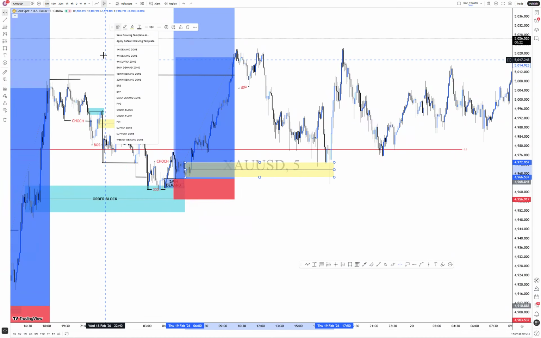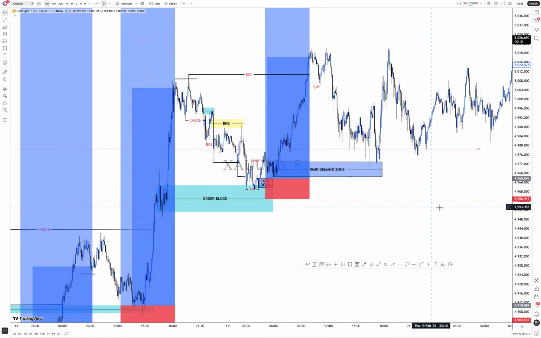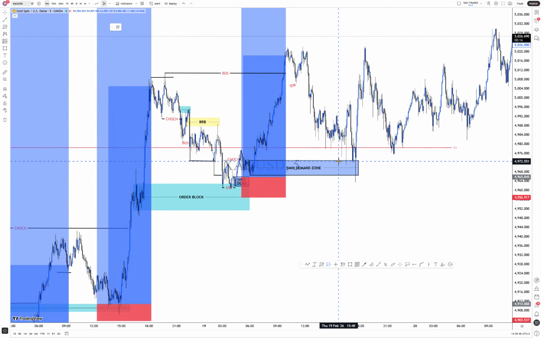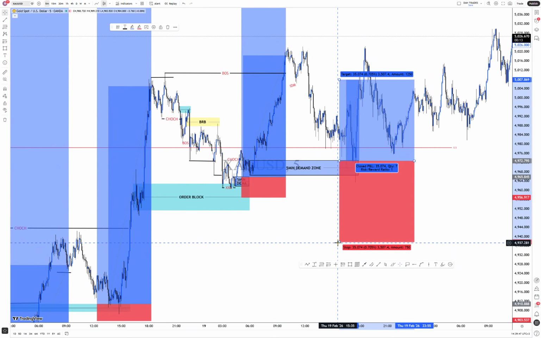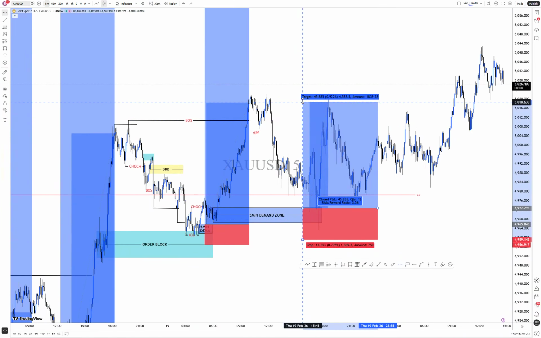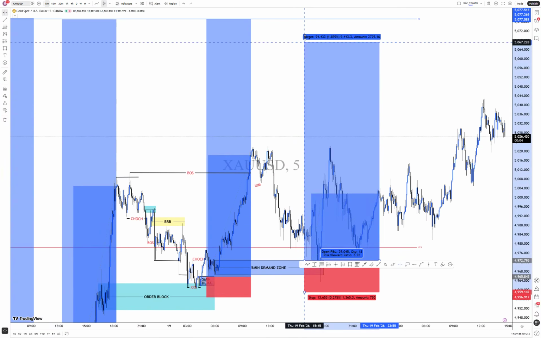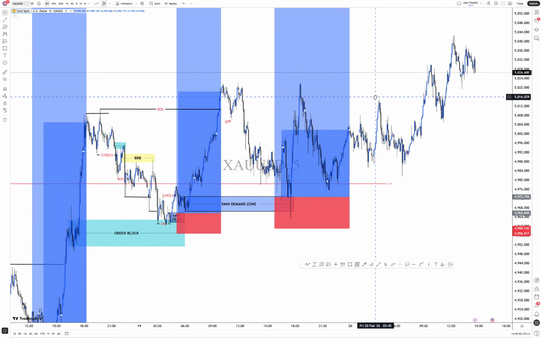So this is a 5 minutes demand zone. You can see I had a buy from this area. My stop loss was just below this low, around this area. Then I was targeting this high, but remember, you are supposed to be targeting this high for that 4H CRT, right?